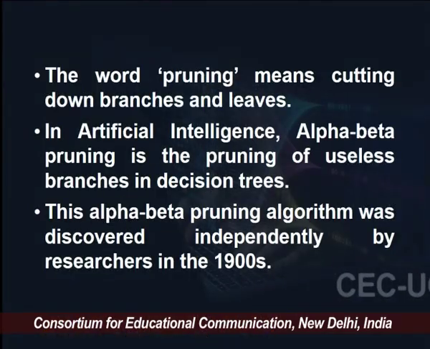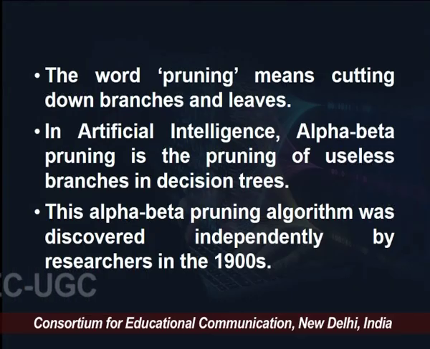Pruning here means cutting down branches and leaves. In artificial intelligence, alpha beta pruning is the pruning of useless branches in a decision tree. So whatever decision tree you have, if it has too much depth and branching factor, you need to prune the useless branches.